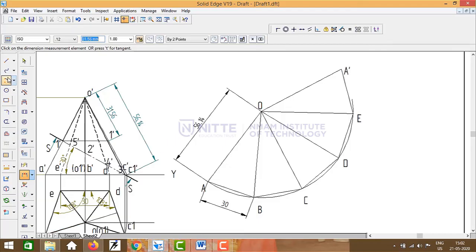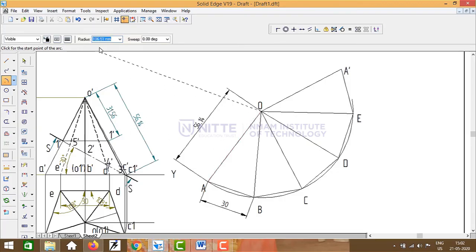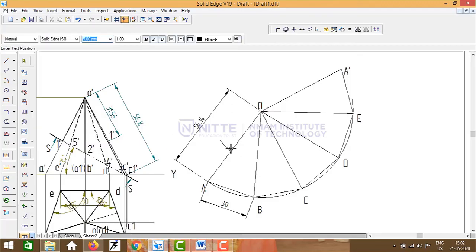So we will transfer it. Take O as a center. On OA, give the radius 31.56 and draw the arc. So this will be the point 1 on OA.